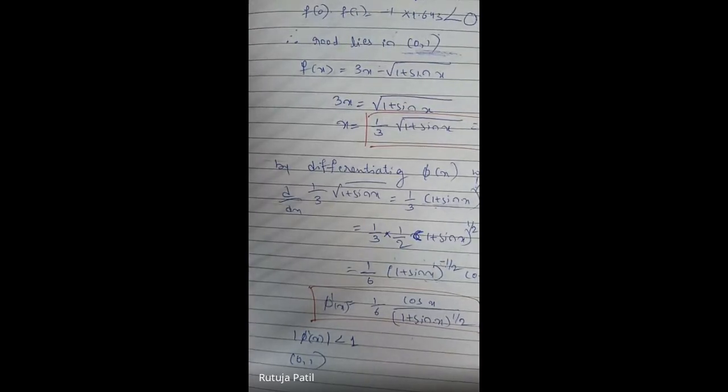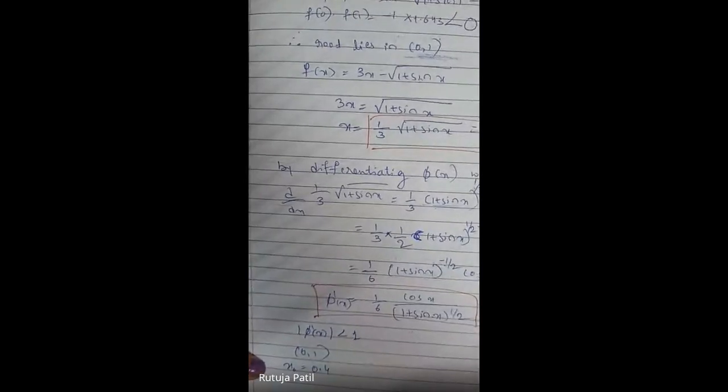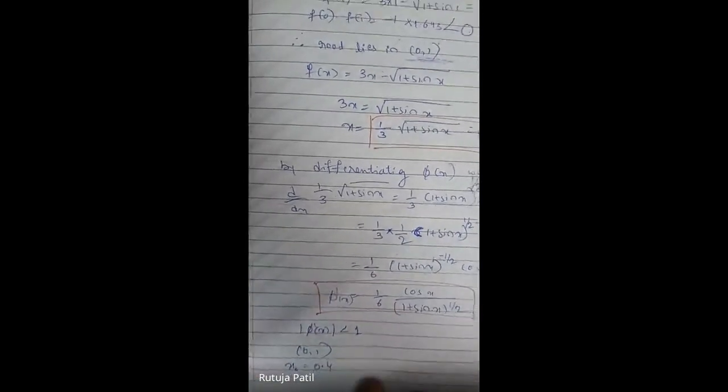Now I will take the x naught value as say 0.4, because just now we put 0.4 and got a value which is less than 1. You can take any one, 0.5, 0.67, anything is fine. But for now, I'll be taking the value as 0.4.